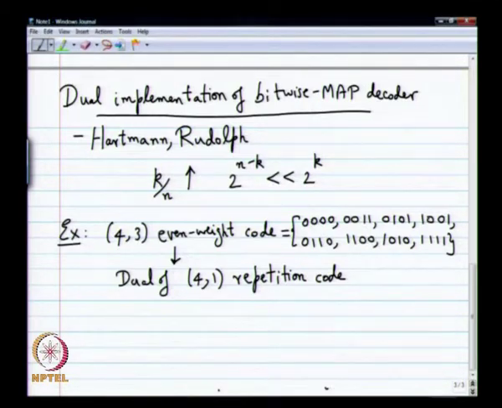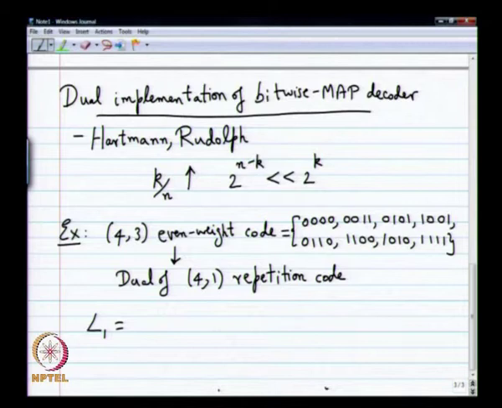Let us try and write down the expression for capital L1. Capital L1, remember, is the a posteriori log likelihood ratio for the first bit.